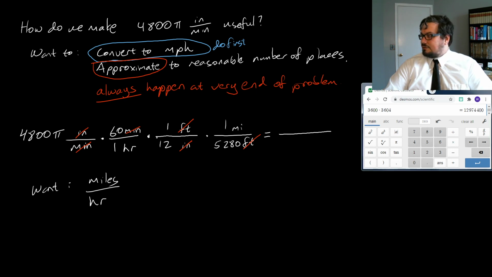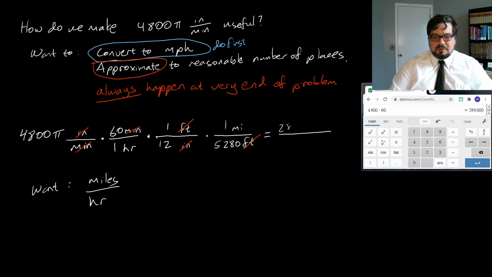Now 4,800 times 60 is equal to 288,000. So we get 288,000 pi on top, and then on the bottom we get 12 times 5,280, which is 63,360.